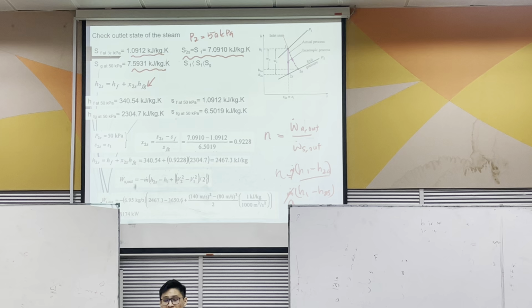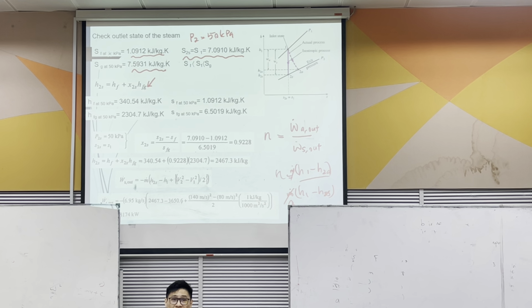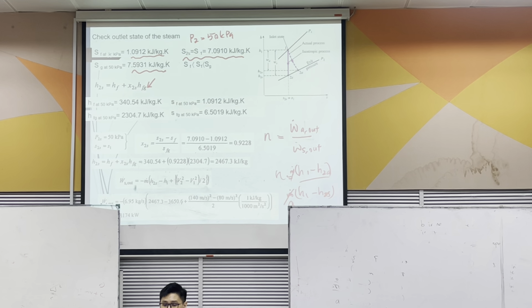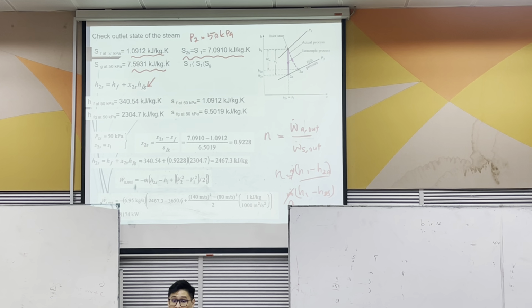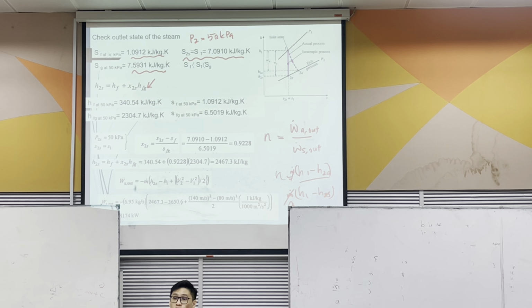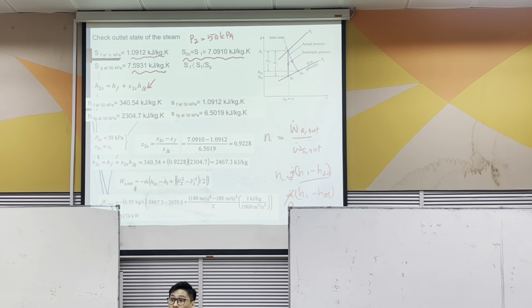But again, if you forgot the velocity, it won't actually affect much. If you forgot about the kinetic energy term, it actually won't affect your outcome too much, because like I mentioned, the kinetic energy term usually doesn't have much effect on the change in the energy itself, because the value is very small.